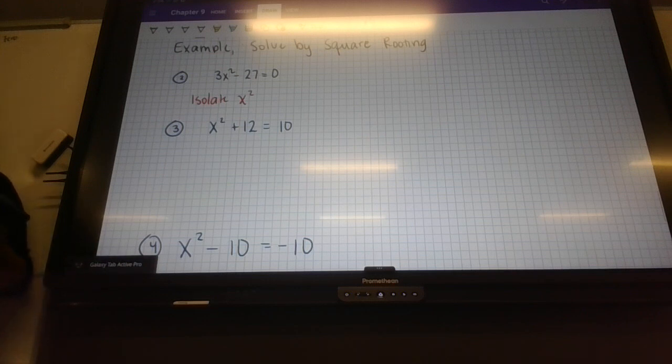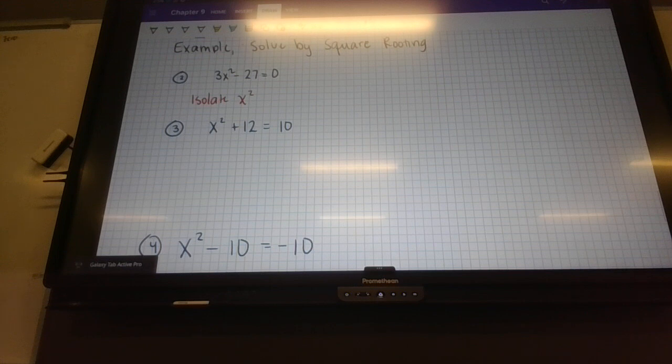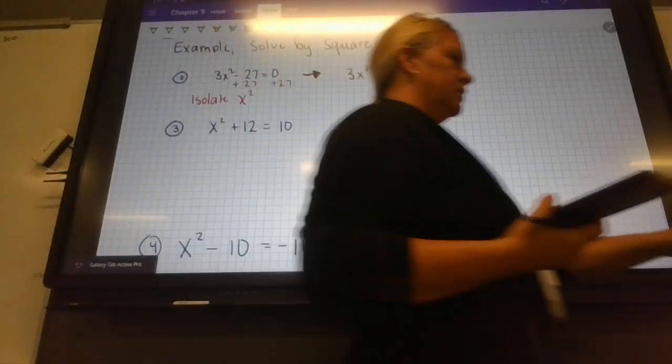So you will typically do addition and subtraction first. You hear that? So what I'm going to do first is add this 27, add this 27. And my new equation will be 3x squared equals 27. I'm trying to isolate x squared, get x squared alone.